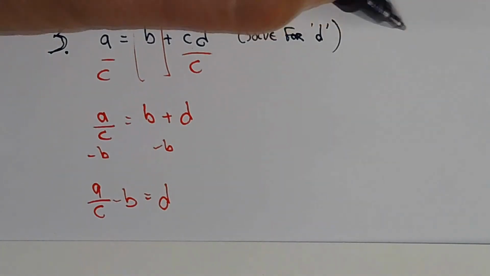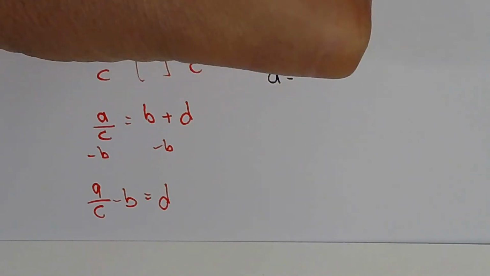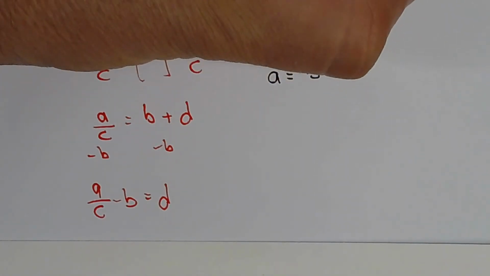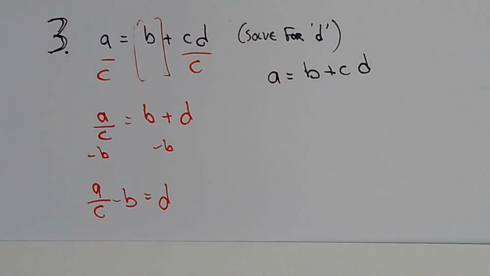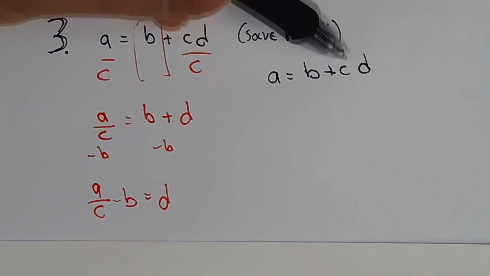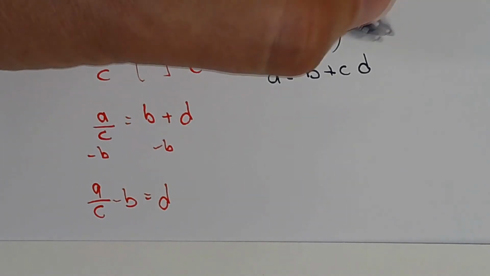How can you avoid that problem? Well, let's start fresh. A equals B plus CD. This goes back to advice I gave in the previous video, which is work from the outside in. Instead of going right for the C times D, get rid of the B first. How do you get rid of the B?